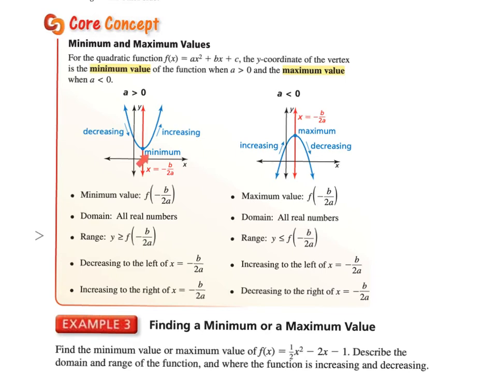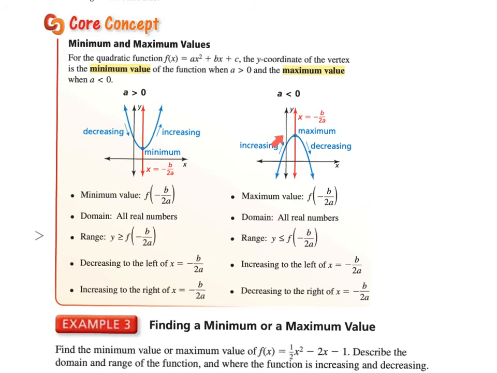If we have a minimum, which is our vertex, that means our graph is U-shaped, opening up. On the left-hand side, we're decreasing, and on the right-hand side, we're increasing. That's all we're talking about. The minimum value is the y value of your vertex, because that's the height. That's the minimum height in this case.